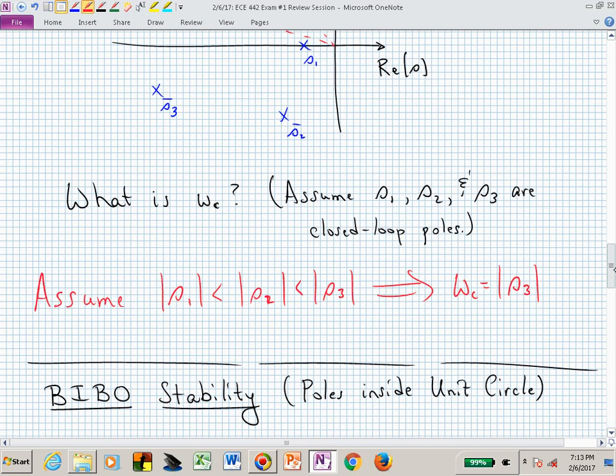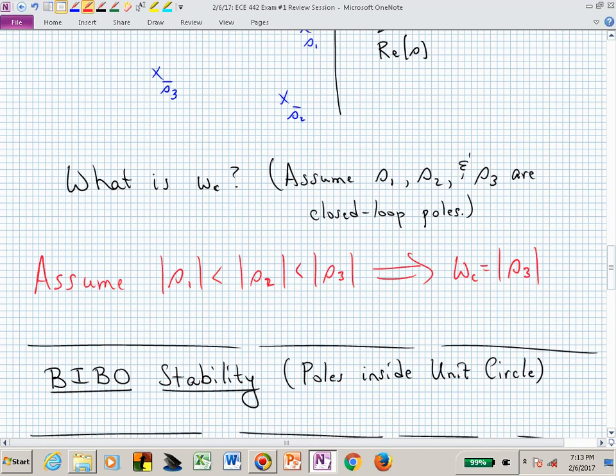And in this case, how would we find omega sub c? Well, that would just be the square root of the real part squared plus the imaginary part squared, the hypotenuse. Is that clear?